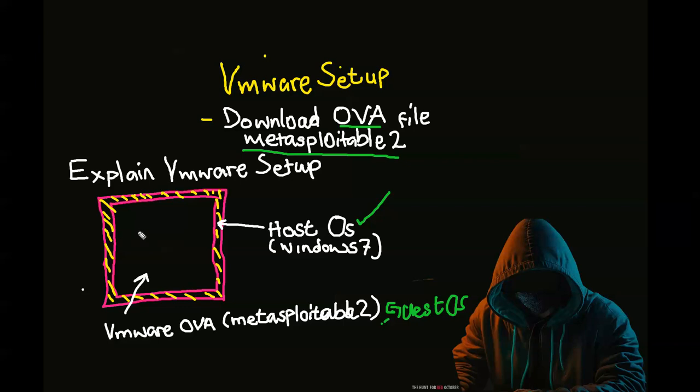Now the guest operating system would connect to the Windows host on an interface. This interface might be Ethernet 1, or Ether 1.